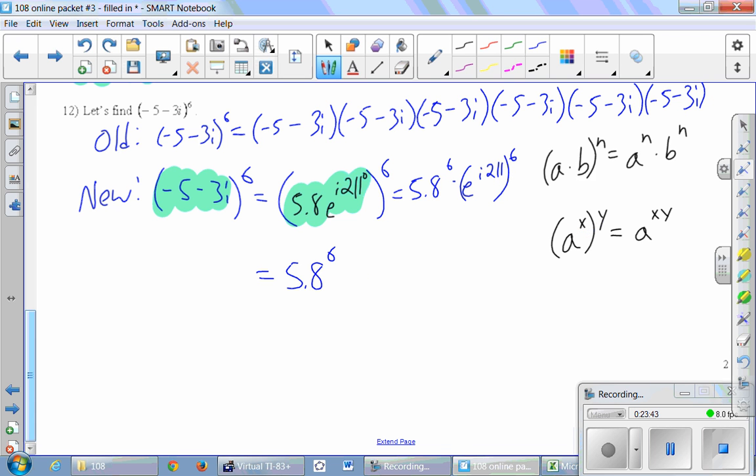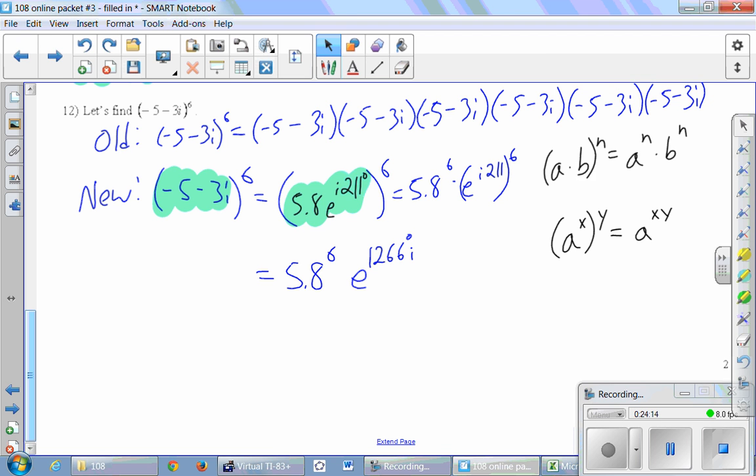So this becomes e to the, okay, 6 times 211, what is that, 1276 i? That is not right. 1266. How's that? 6 times 2 is 12. 6 times 11 is 66. Okay, so we've got e to the 1266i. Super.